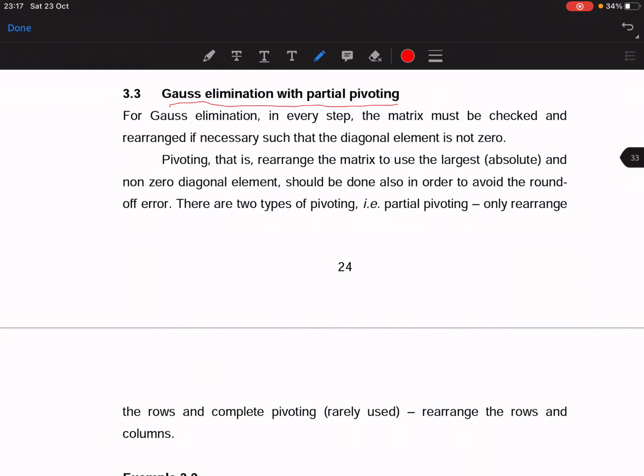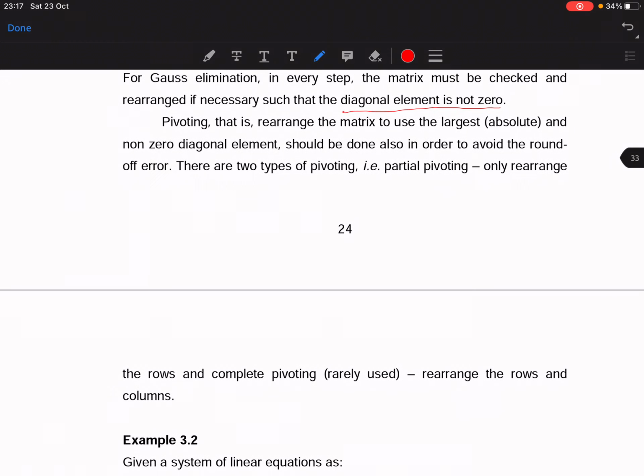Basically, for Gauss elimination, in every step, we must make sure that the matrix is checked and rearranged if necessary, such that the diagonal element is not zero. In the previous session, all our diagonal elements had values. Sometimes in a matrix, the diagonal element contains a zero value or almost zero.